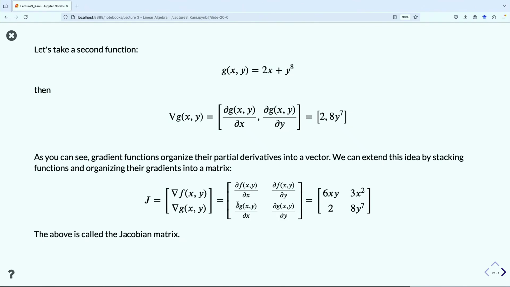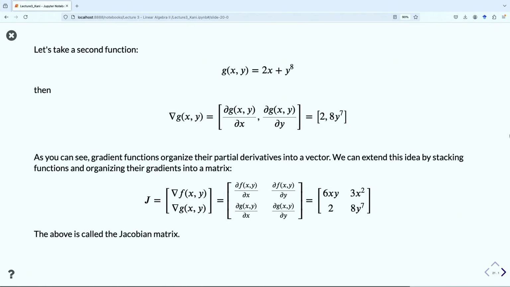The columns represent the variable that the derivative is taken with respect to. Column 0 is the derivative with respect to x, and column 1 is the derivative with respect to y. Combining these together, we get a matrix that represents the partial derivatives of all the functions in this system of equations.